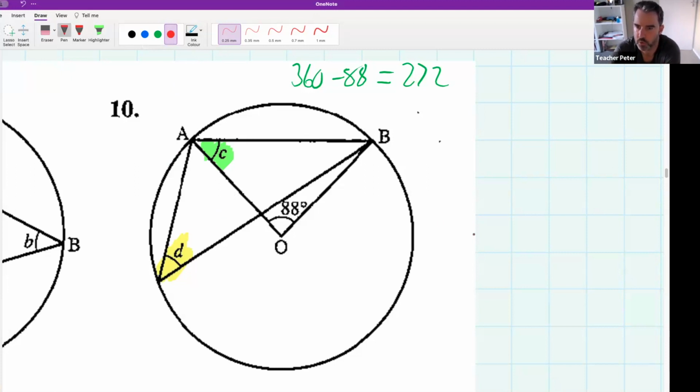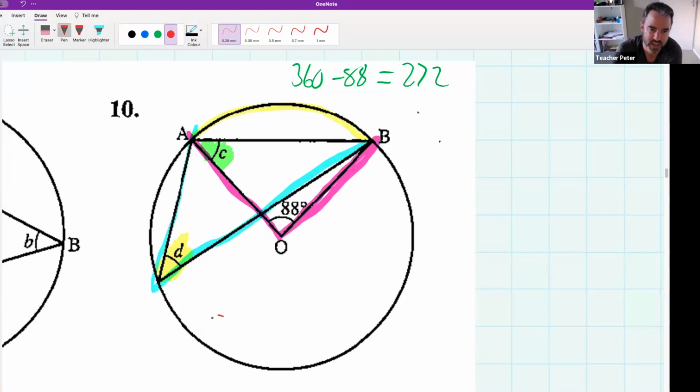Okay. So what do we think D is going to be? I'll give you a hint. You know that this angle here is the angle at the center, but this angle over here is the angle at the circumference.